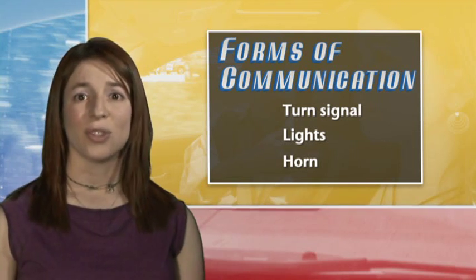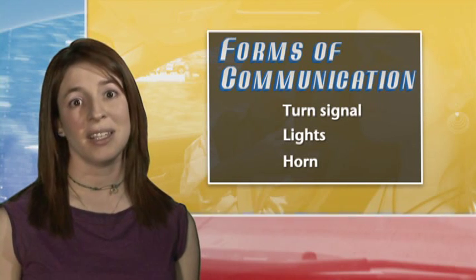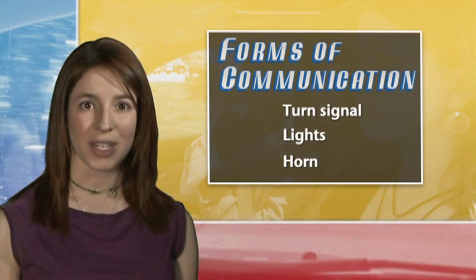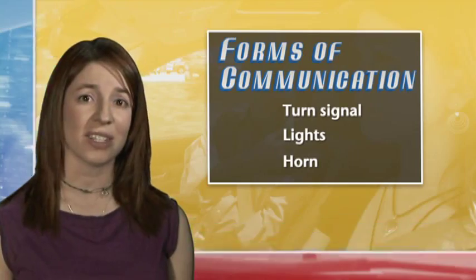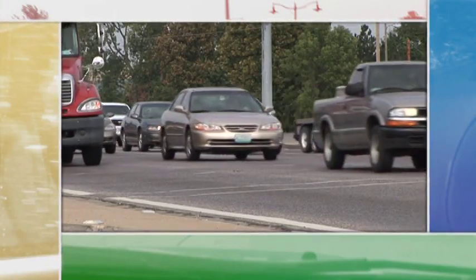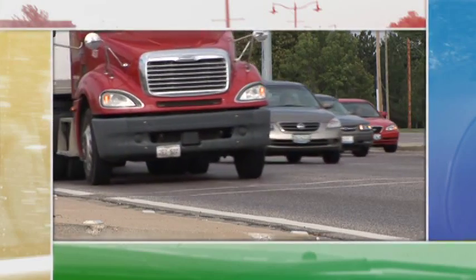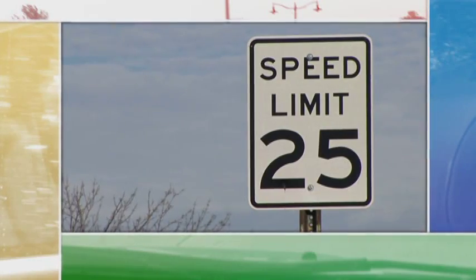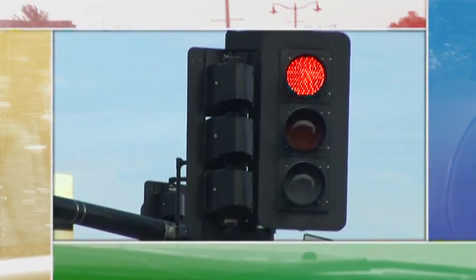As you drive, you should always be adjusting your speed, lane position, and communication based on changing conditions. Some conditions that require action are change in traffic flow, such as rush hour traffic jams, time of day, change in weather conditions, change in speed limits, and among many others, traffic controls.